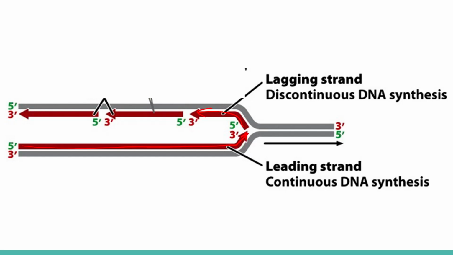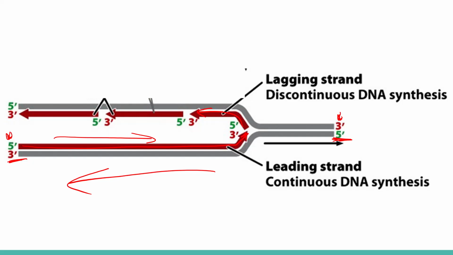So because it's opposite, it's going from 5' to 3'. So it'll start at the 3' of the replication fork. Yeah. So if this one is running 5' to 3', so the gray parental strand is running this way, then the red copied strand has to run the opposite direction, right? It has to run, so this has to be 5, and this has to be 3.